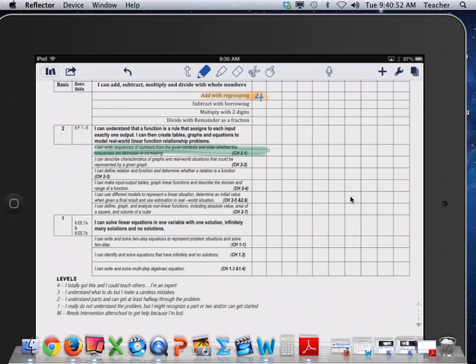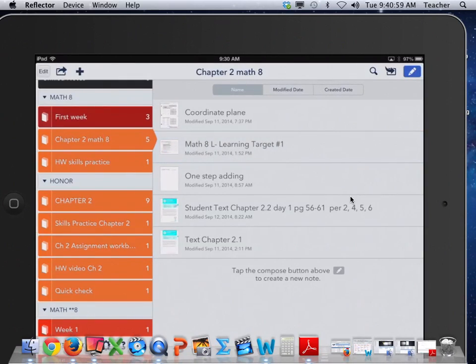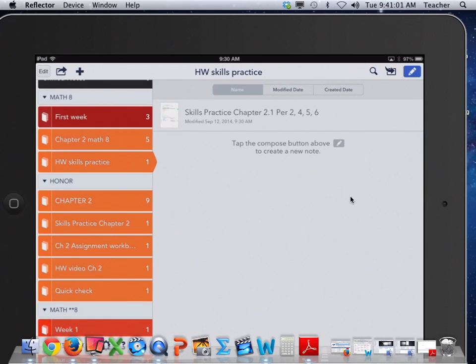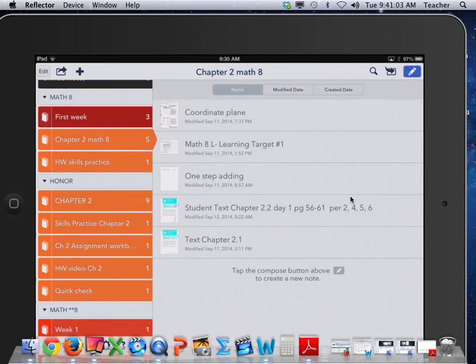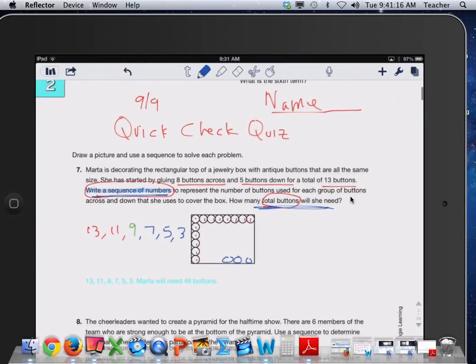Then it's a 1. If they got the sequence wrong, it's an automatic 1. Okay? If they didn't get this right, it's an automatic 1.